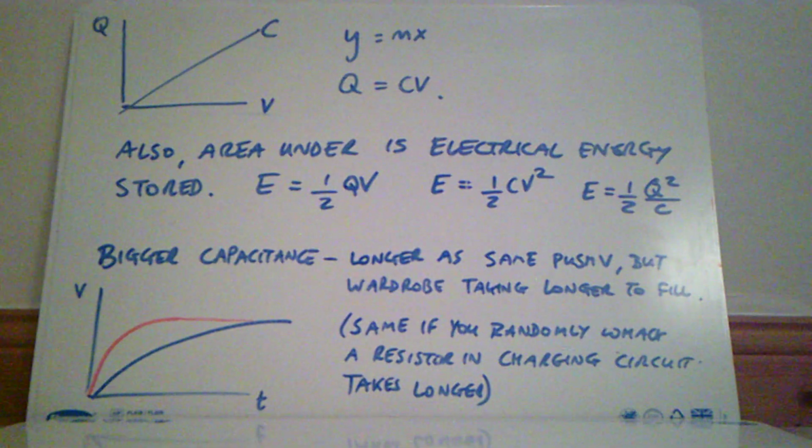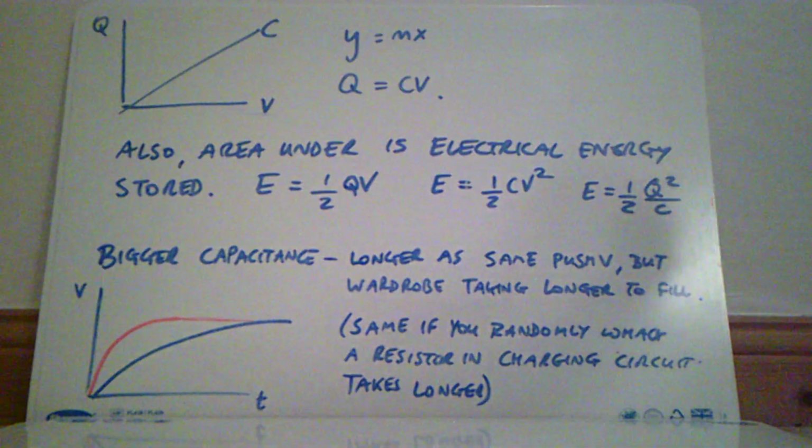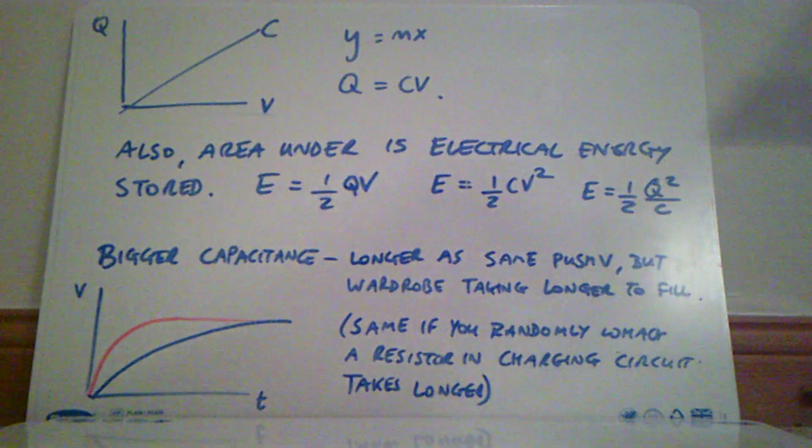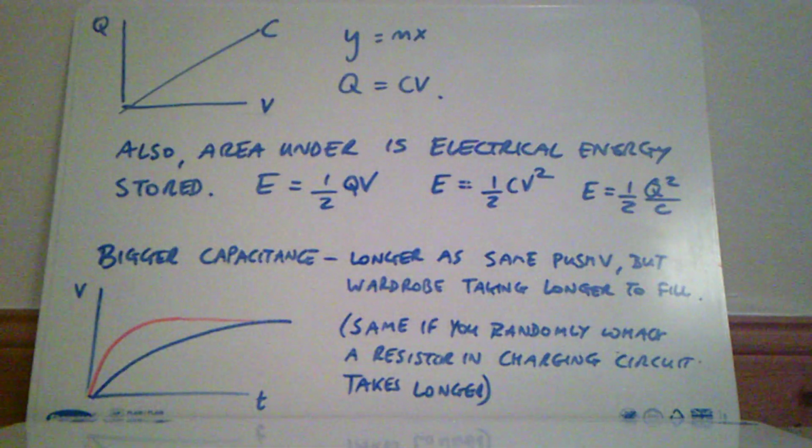It's going to take longer to fill with shoes. Now, you're not going to get that capacitor to any greater final voltage unless you change the battery, but you're still going to get a lot more charge Q stored, and so you're going to get a lot more energy.